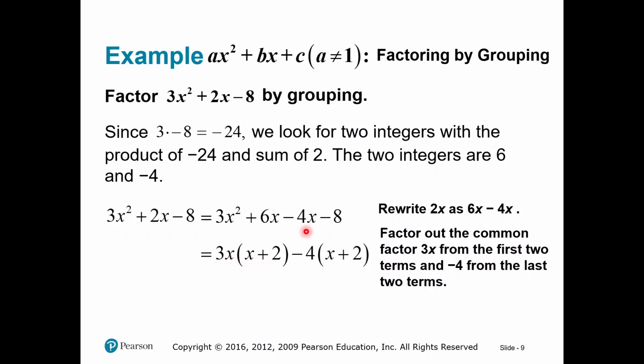For the second group is negative 4. And so 3x times x plus 2 is the product for 3x squared plus 6x. Negative 4 times x plus 2 is also the product for negative 4x minus 8.